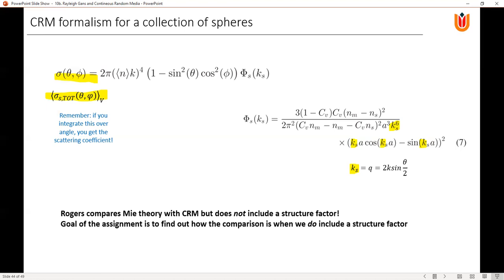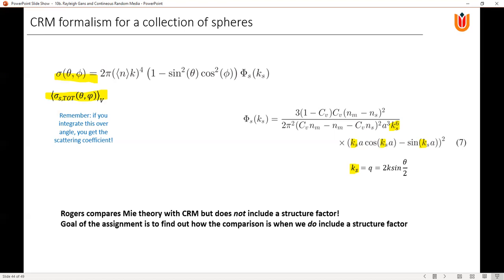The problem I have with his validation, as he calls it, is that he compares Mie theory with his new theory, with his continuous random medium, but he does not include structure factors. So he just calculates it using Mie theory and scales linearly.